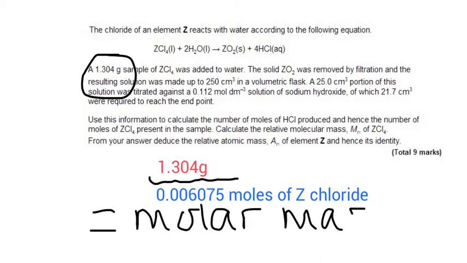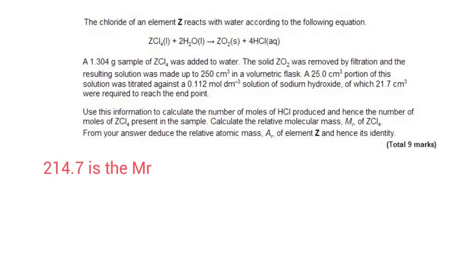Basically the number of grams of the substance per mole. When we calculate this, it works out to be 214.7 grams per mole. That is the Mr, the molecular mass of our ZCl4.